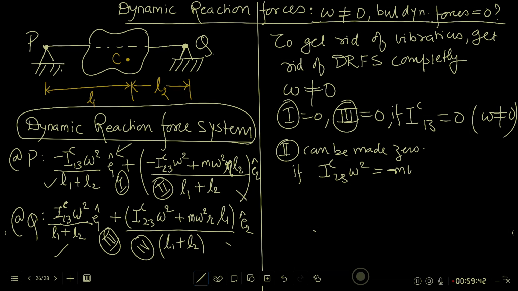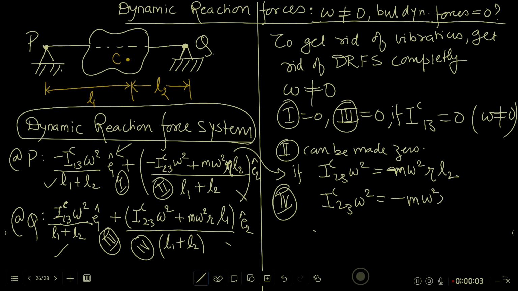I'm talking about this expression here. 2 will be killed and 4 will be killed if IC23 omega square equals minus of m omega square R L1. Mind you, omega is fixed. You do not have a choice. Omega fixed, M is fixed, L1 and L2 are fixed.